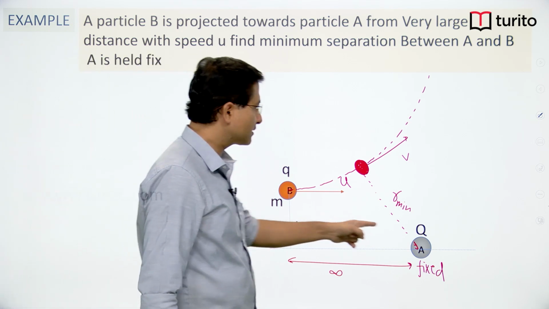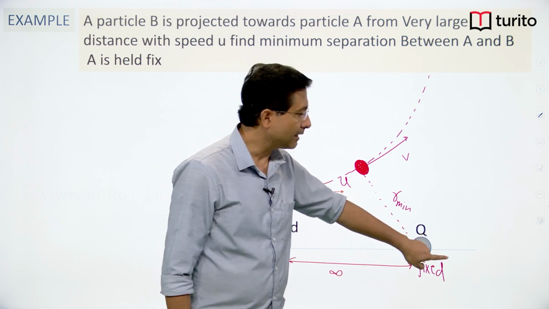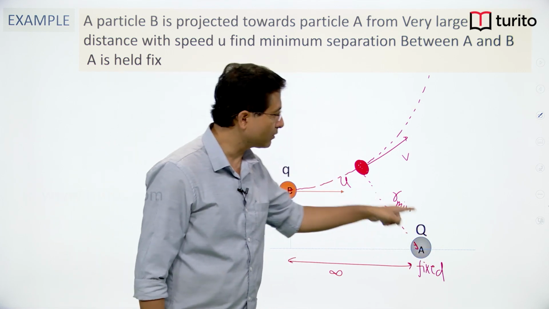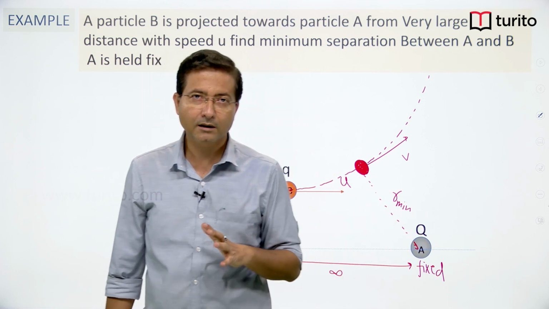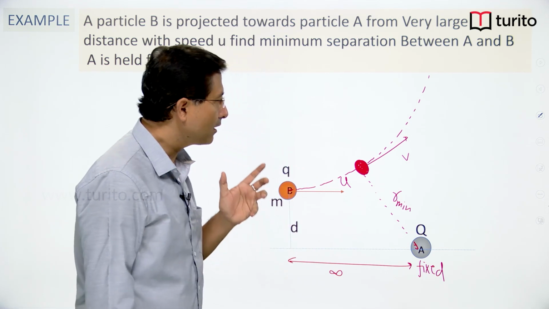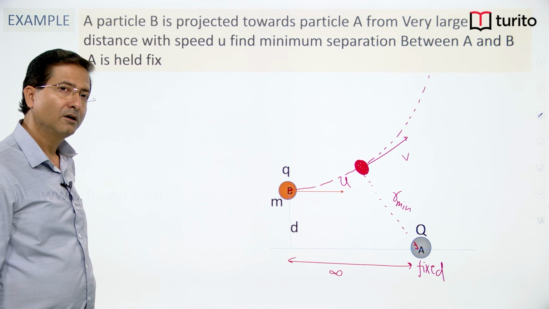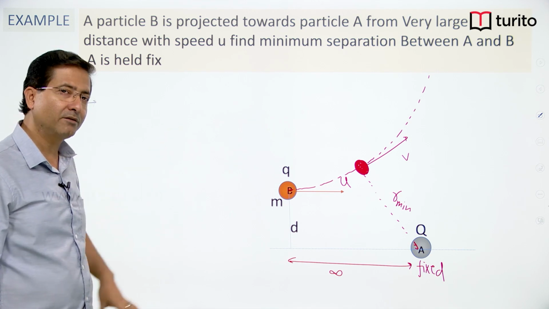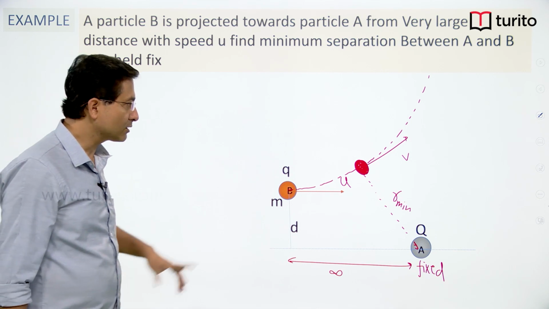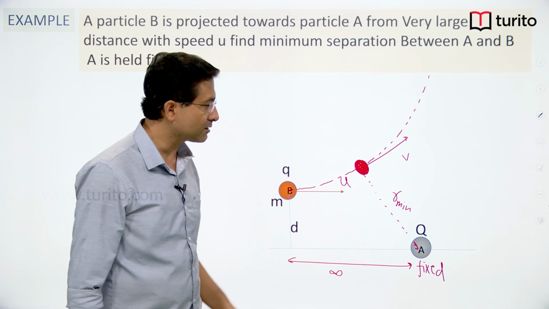As this is held fixed, the hinge will be exerting force on the particle. That means on this whole system there is an external force coming, right. As there is an external force on the system, you cannot conserve the linear momentum like what we have done in the previous problem, because there is external force acting on the system at the hinge.